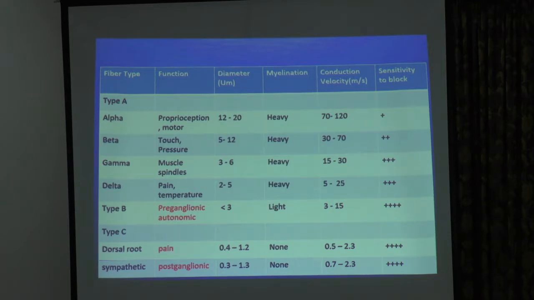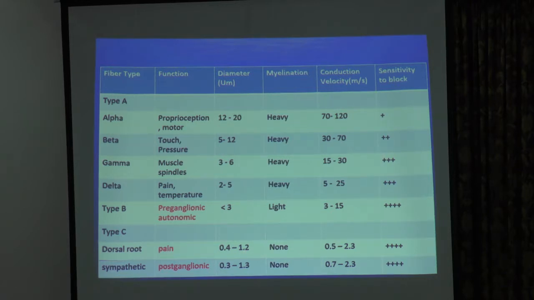They are the fibers that are involved in pain transmission. C is unmyelinated, A delta is myelinated. And you can see that with the size, A delta is a bit bigger than C fibers.